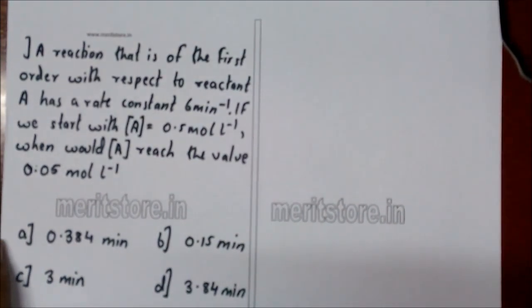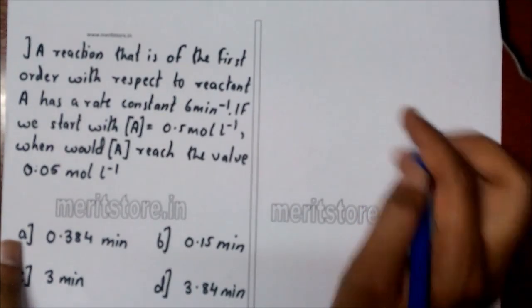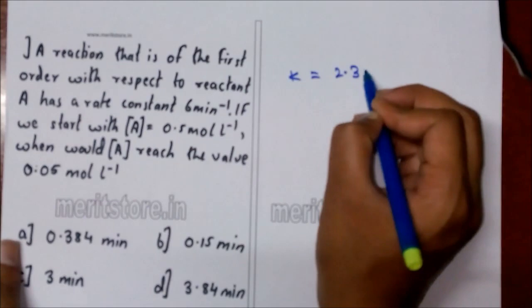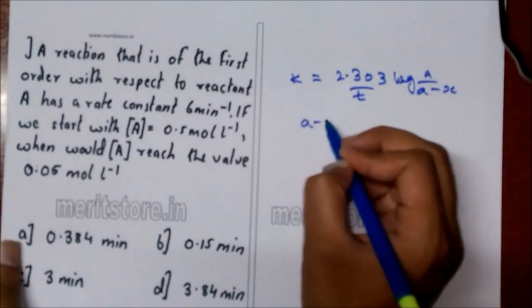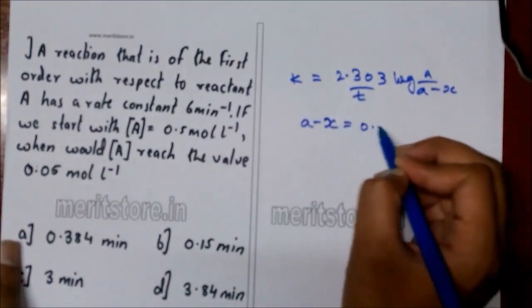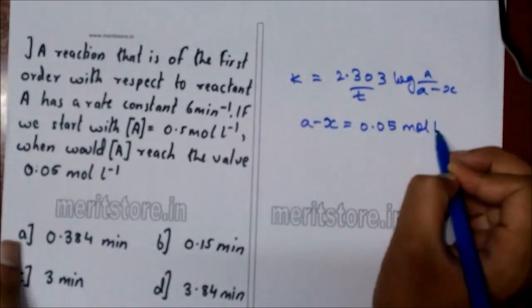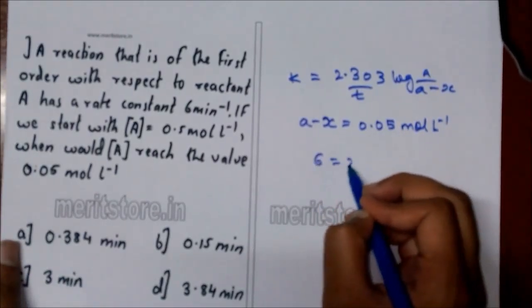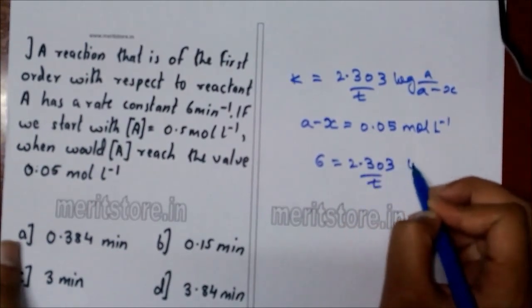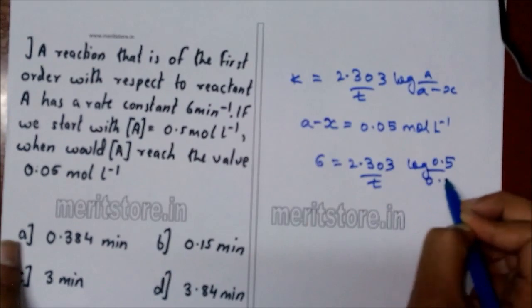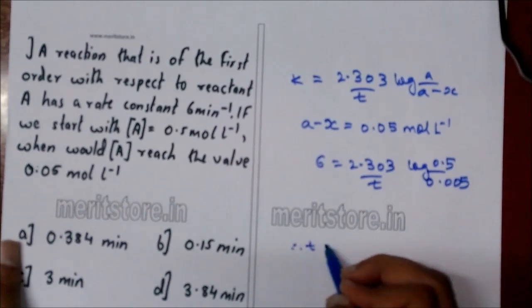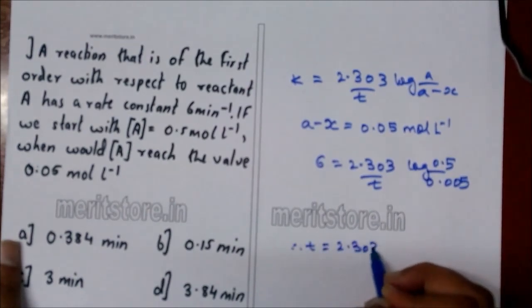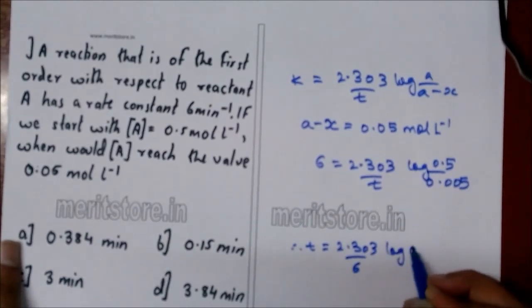So in the given reaction, we know that for first order kinetics K is equal to 2.303 upon T log of A upon A minus X. A minus X is equal to 0.05 mole per liter, 6 equal to 2.303 upon T log of 0.5 upon 0.05, or we can write T equal to 2.303 upon 6 log of 0.5 upon 0.05.